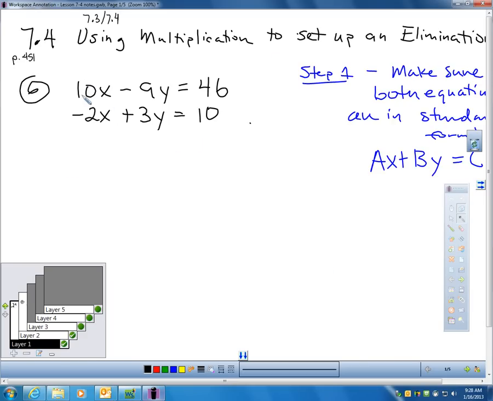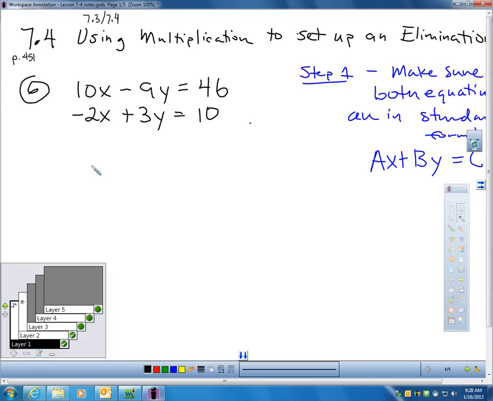If we try adding, the x's won't eliminate, nor the y's, and if we try subtracting, it's the same thing. The problem isn't set up to eliminate right now because we don't have a variable that will eliminate by either adding or subtracting. People always ask, well, what do we do?